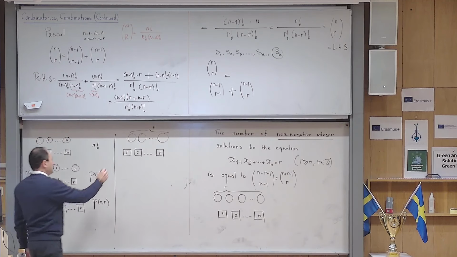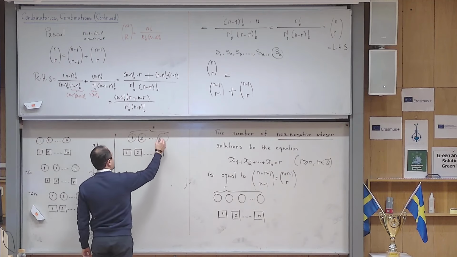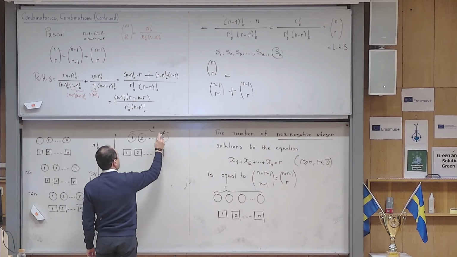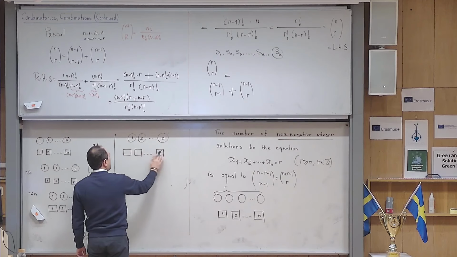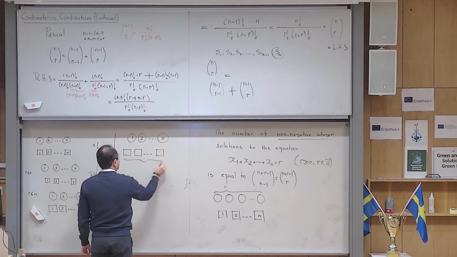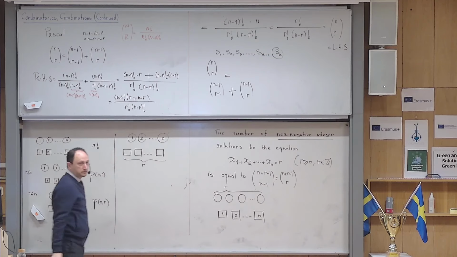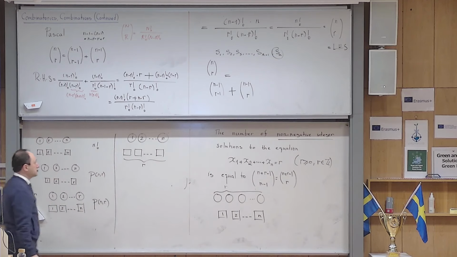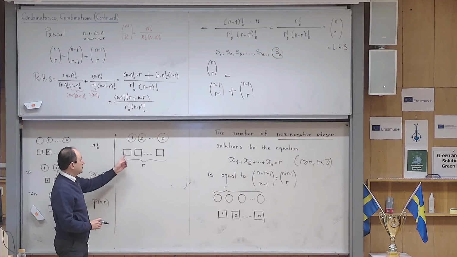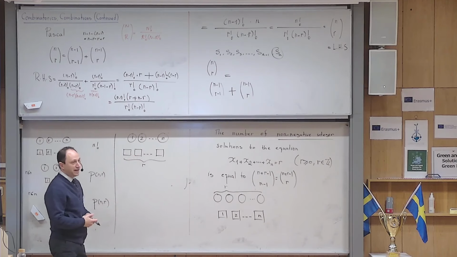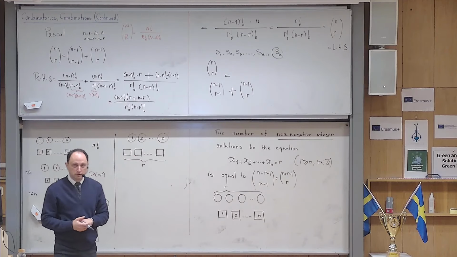Let me write them with label first. Okay, so this is number n, so I don't need to write n. But here I have r identical boxes. In how many ways can I distribute the marbles within the boxes with the same constraint? Every box should receive exactly one.